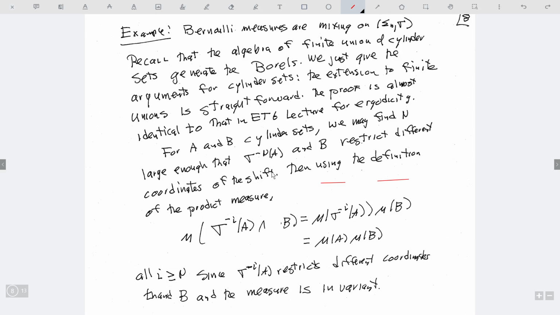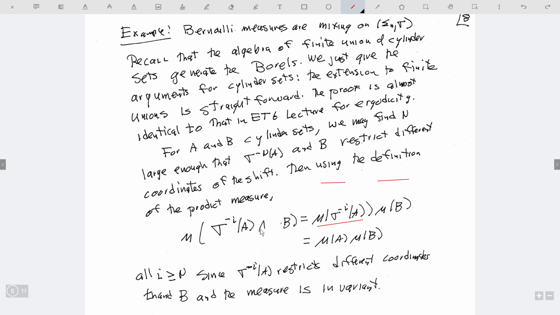Because Bernoulli measure is a product measure, that's what's making all this work. Then the measure of this intersection is equal to the product as long as i is bigger than or equal to n, because as you get bigger and bigger, this moves further and further away. But this measure is actually the measure of A, because it's an invariant measure. That's how we constructed it.